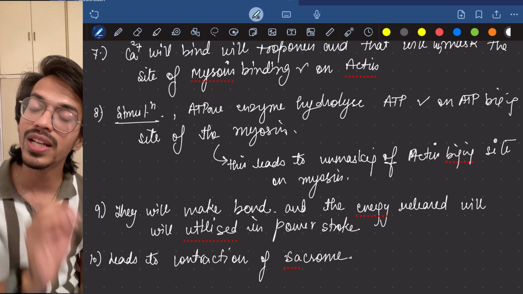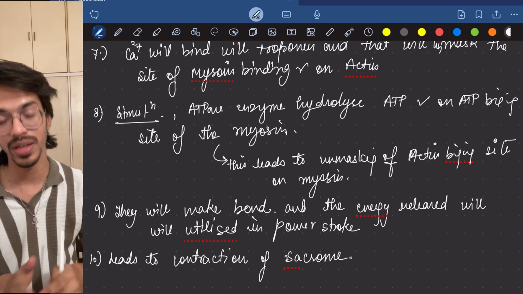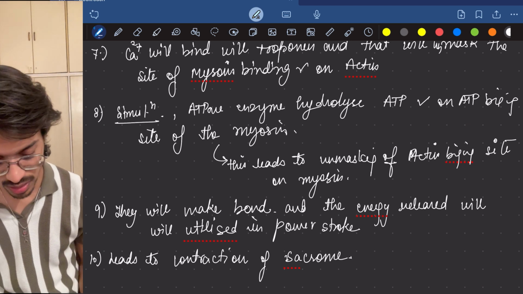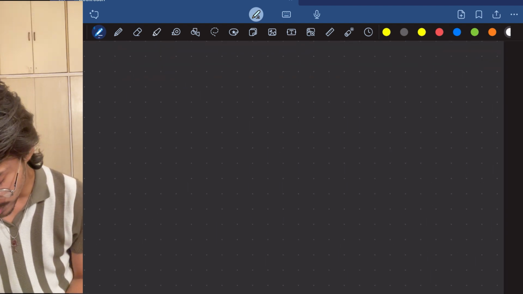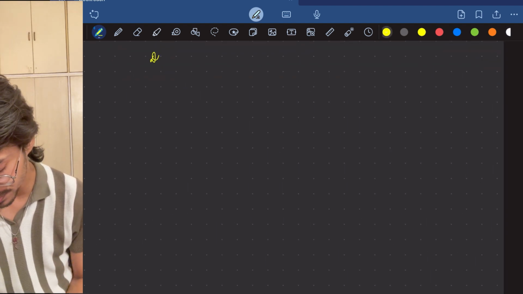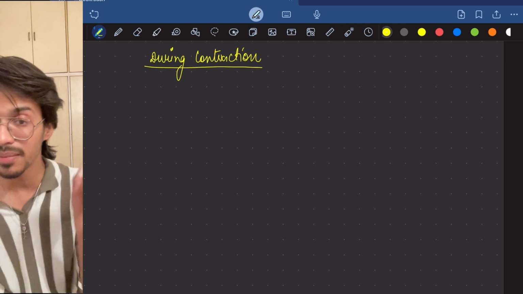Now where will the question come? The question will come on what happens with the sarcomere during contraction. So this becomes the important topic for you for today. During contraction, if you remember the sarcomere, if not, then go back, see that again and make it yourself.